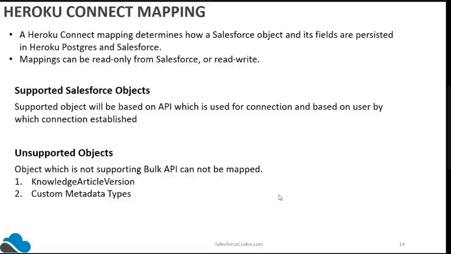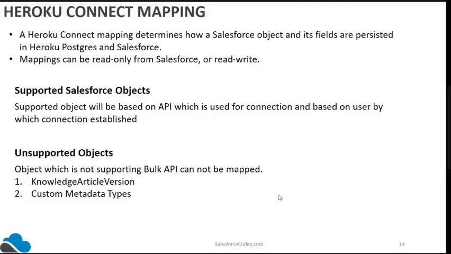Now, which Salesforce objects are supported in Heroku Connect or Heroku integration? By default, it depends on which API version you are using in Heroku Connect; based on that, all those objects will be shown.